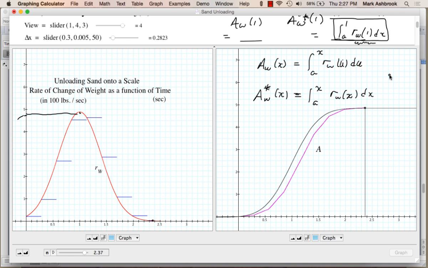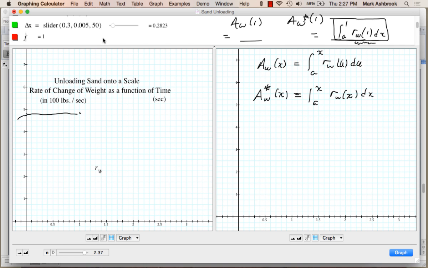Isn't T reserved though in GC for that parameter that defaults from 0 to 1? Not so dummy. You can do anything for dummy variables. Like we can define functions using X, right? X is reserved for graphing things like the X-axis. But if you use it as a dummy variable, it doesn't mean the X-axis. We do this all the time, right?